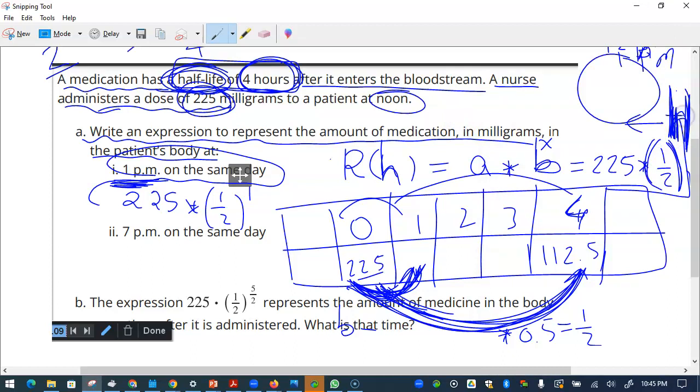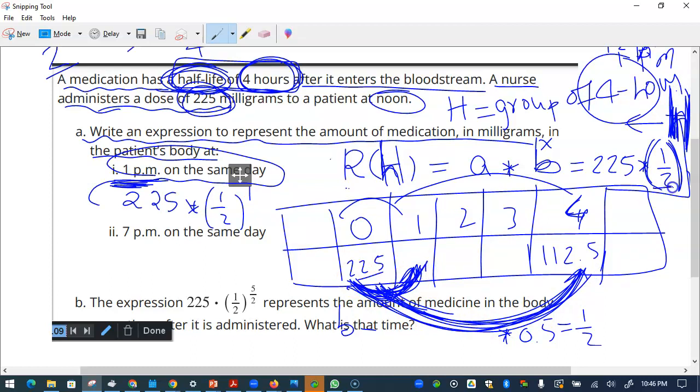I'll put this as capital H. I think I'm confusing you guys. So this H that I'm talking about is a group of 4 hours, because it becomes half every 4 hours. That means we want to know every one.